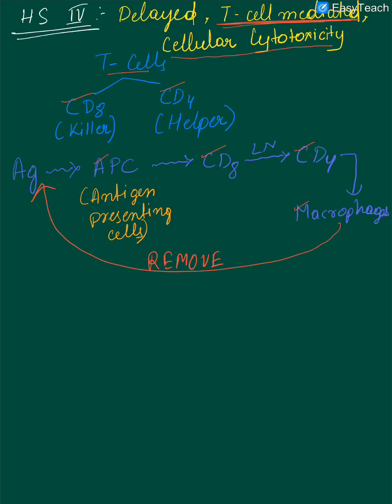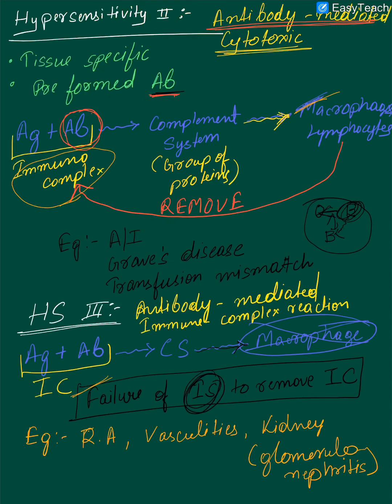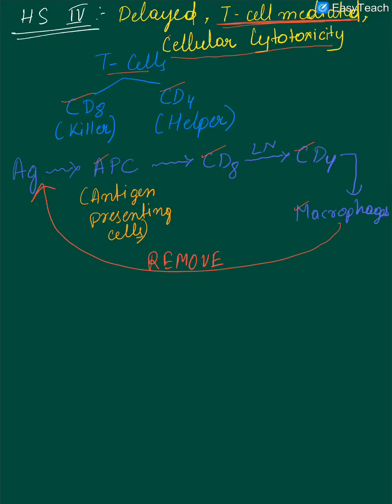So as this is completely damaged with the help of all the cells only, that's why it is called cellular. But in hypersensitivity type 2, it got the cytotoxic name because antibody was involved. Antibody was already present. There was no name of any cell. Therefore, it was only a cytotoxic reaction. And here, as these all are cells, it is called cellular cytotoxic reaction.